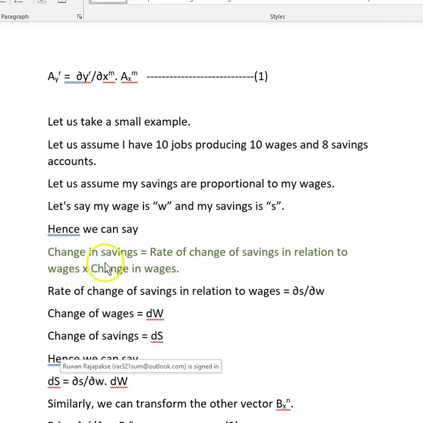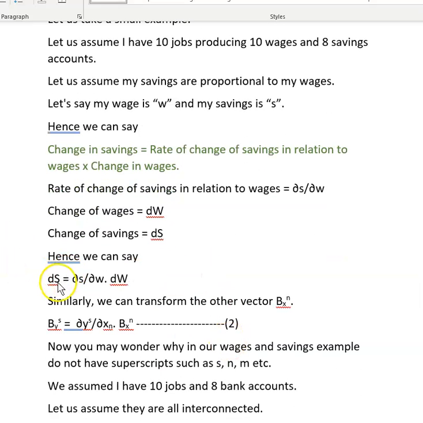So if my wages go up by a certain amount, and we know the rate of change of savings in relation to wages, then you multiply the two and I get the change in savings. The rate of change of savings in relation to wages is partial S over partial W. Change of wages is dW. Change of savings is dS. Hence we can say dS equals partial S over partial W times dW.